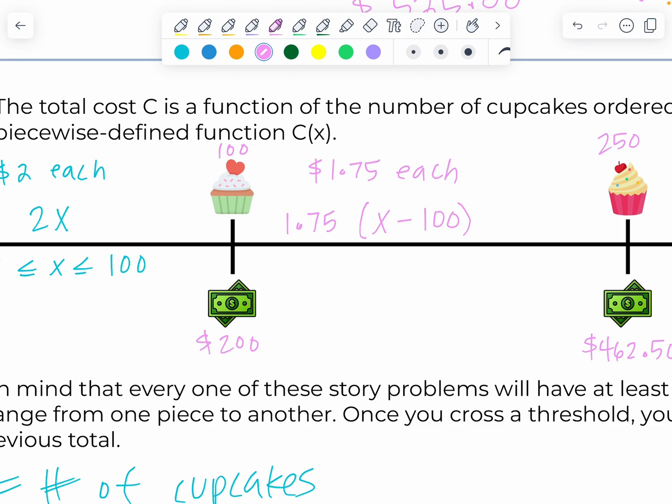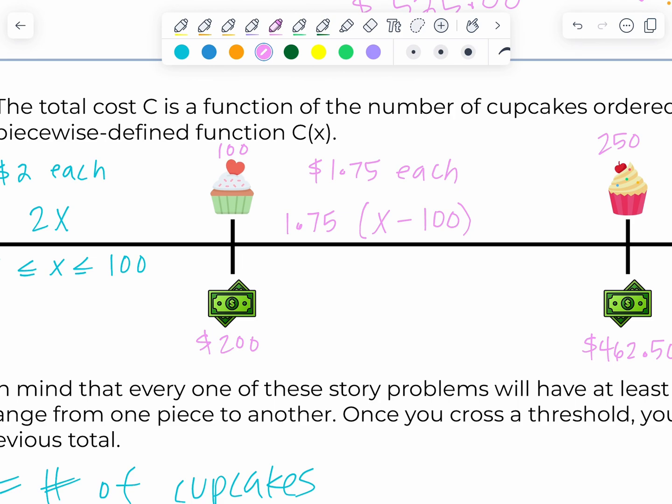The reason being, we've already purchased 100 cupcakes at this point. So if we're purchasing 150, we only need to charge $1.75 for the last 50 cupcakes. The first 100 out of that batch will have been the $2 each. We've already accounted for that.